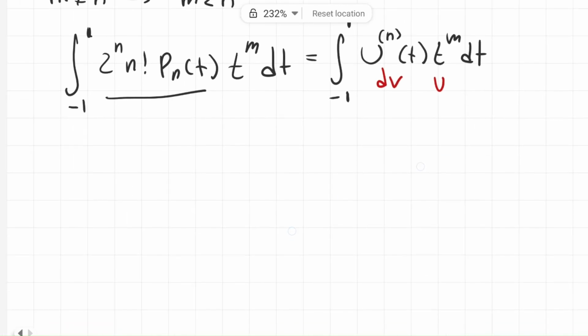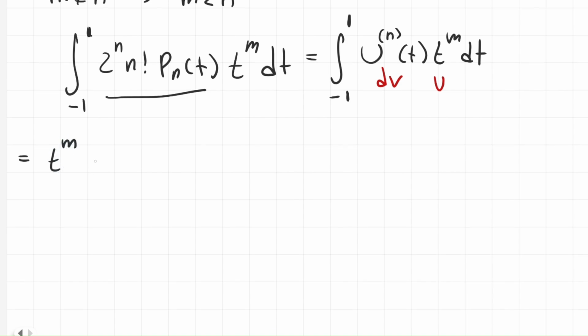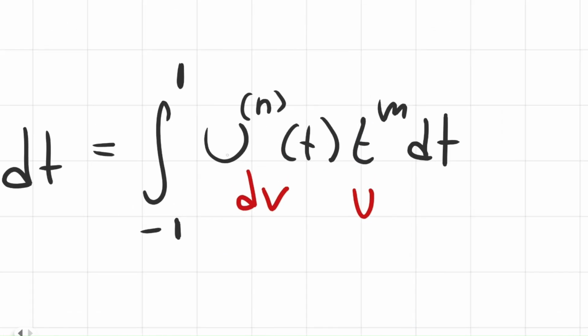So what are we going to get? This will be equal to u, which is t to the m, and then v, which is u to the n minus 1 of t, right? Because if this is our dv, we need to take the integral of the n derivative. So that will make a derivative eliminated from here, right?